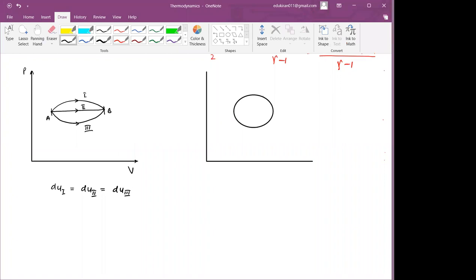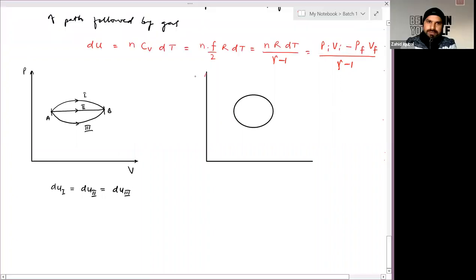Yes, sir. In the second part, suppose this is pressure versus volume, which is for any cyclic path. It means the initial point and final point will be the same. So change in internal energy, just like displacement for a closed path, will be zero.